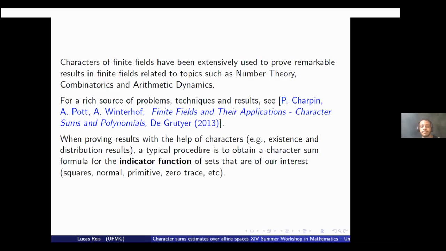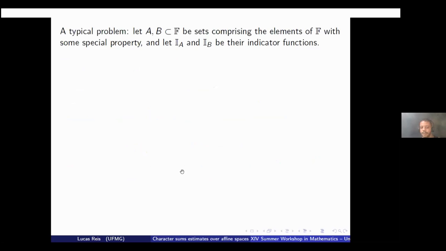So in a typical procedure to prove some existence or distribution results, we just use the indicator function of a set that is of our interest, and we try to obtain a character sum formula for this indicator function. So here are some examples. We have the set of squares in a finite field, normal elements, primitive elements, elements with prescribed trace, etc.